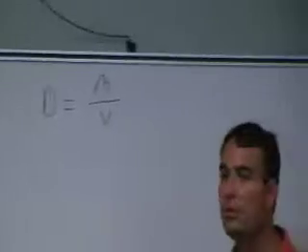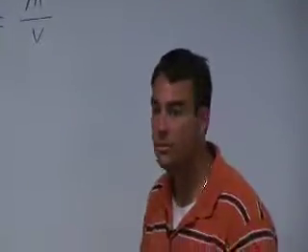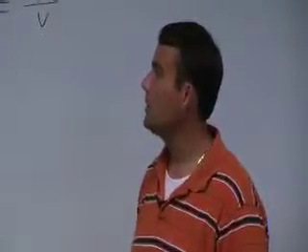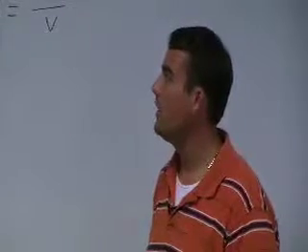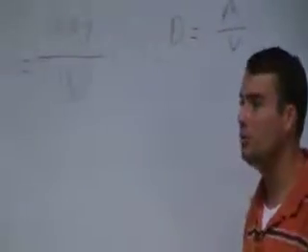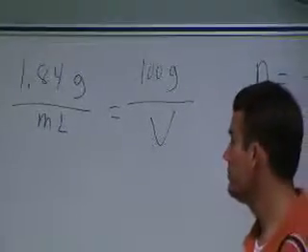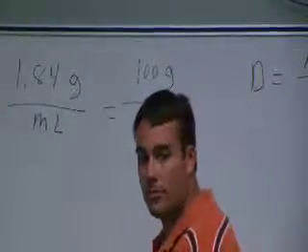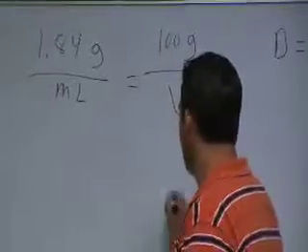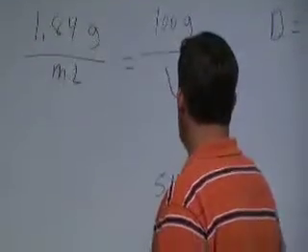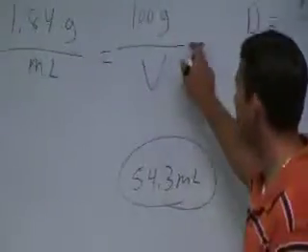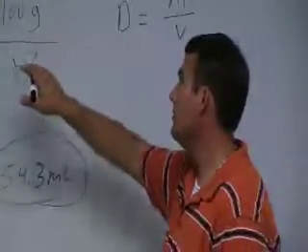Well, it's the same type of problem, right? We're still looking for V. So how would you go about solving for this? 100 divided by 1.84 is 54.3 milliliters. All we did is multiply by V and divide by 1.84.